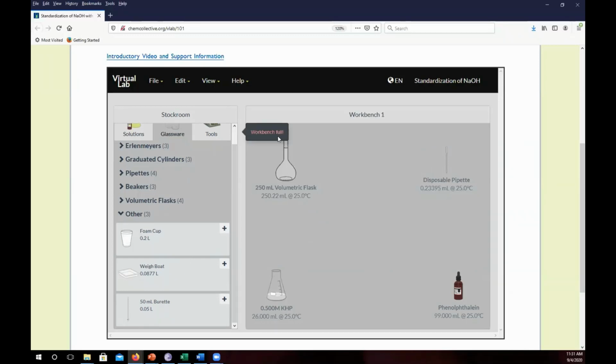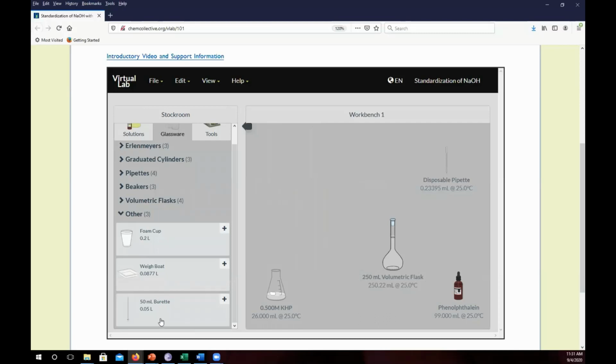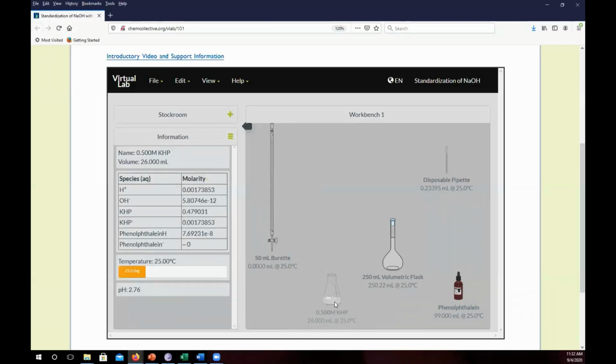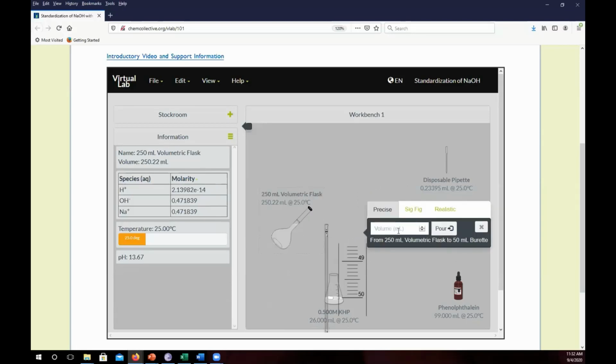If it says that the workbench is full, many times it is because there is something in the way of where it's trying to add the burette. You can then take your sodium hydroxide solution and add this to the burette.